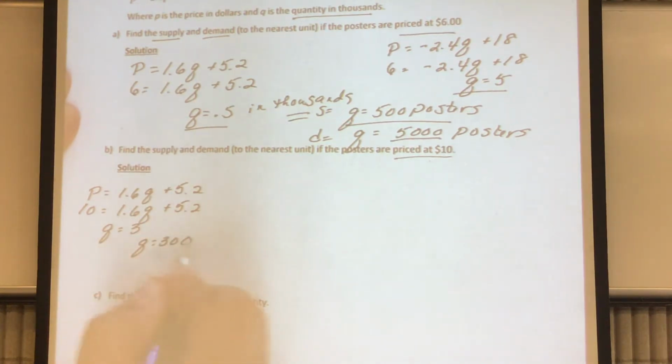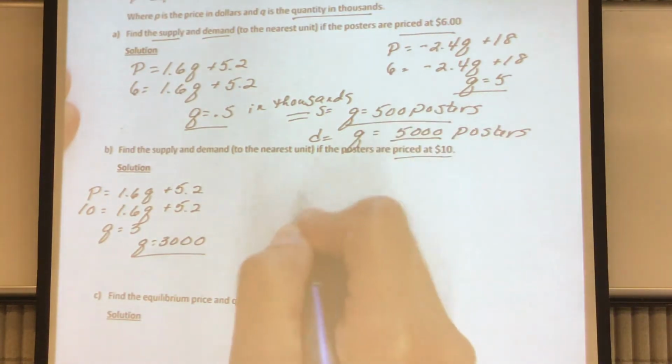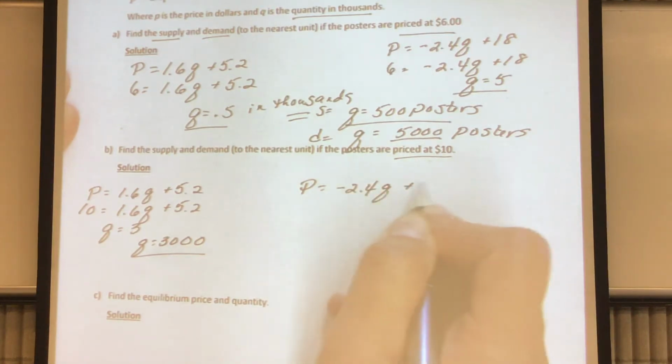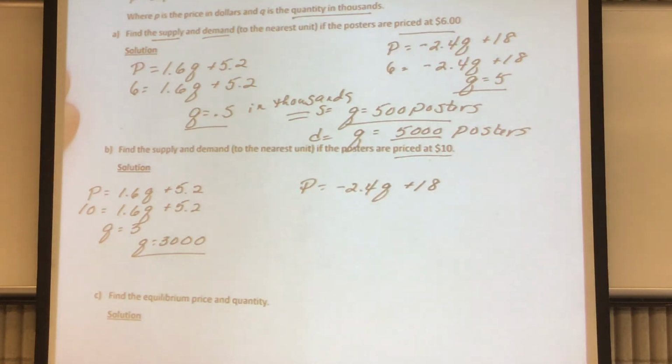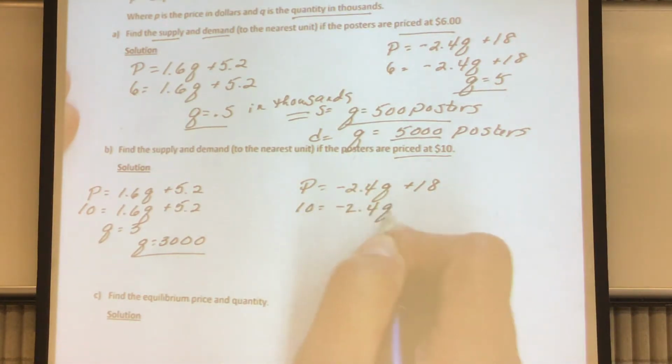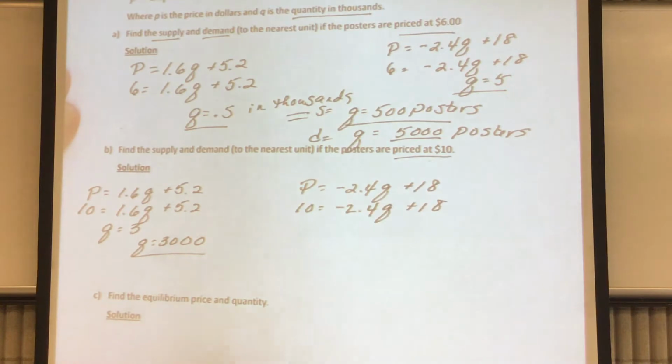Now for the demand, P equals negative 2.4 Q plus 18. So again, substituting 10 into the P and solving for Q. Combining like terms, we have the quantity to be equal to 3.333.